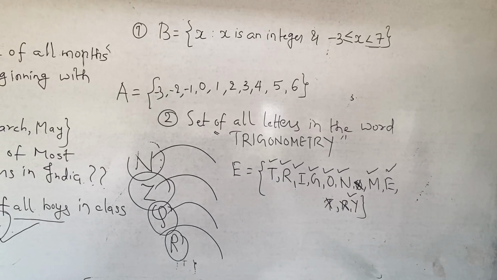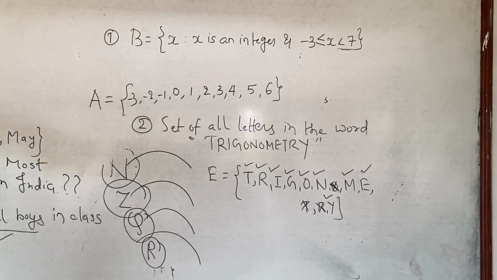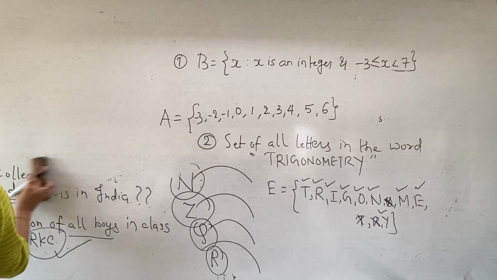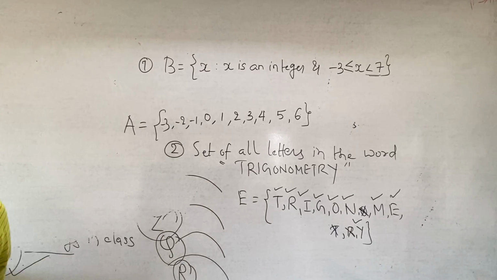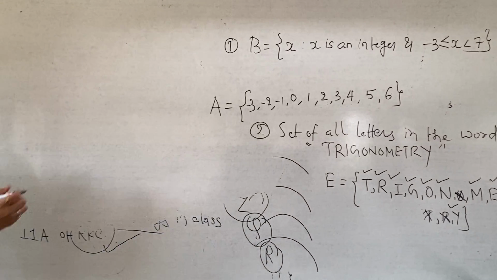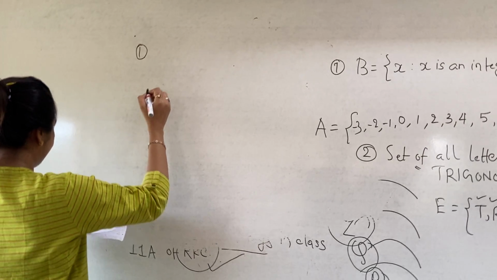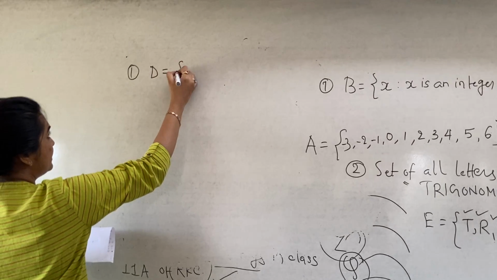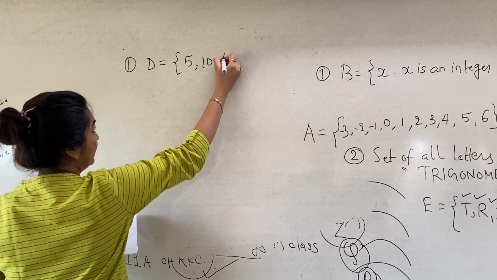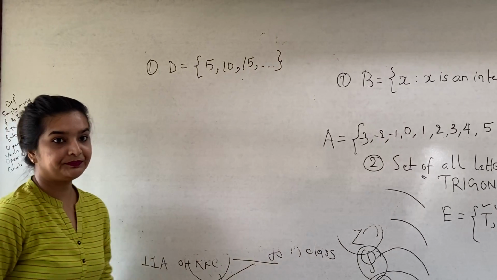Now I am giving you one example for set builder form. Convert these into set builder form. B is equal to 5, 10, 15, and so on.